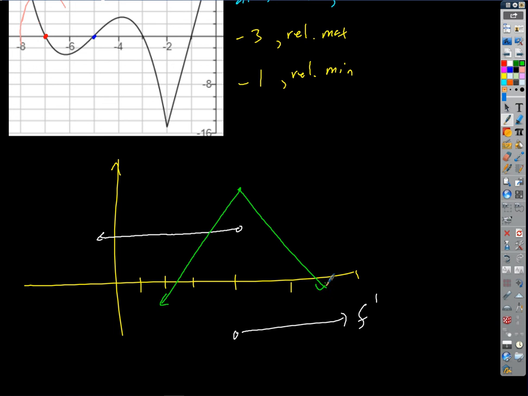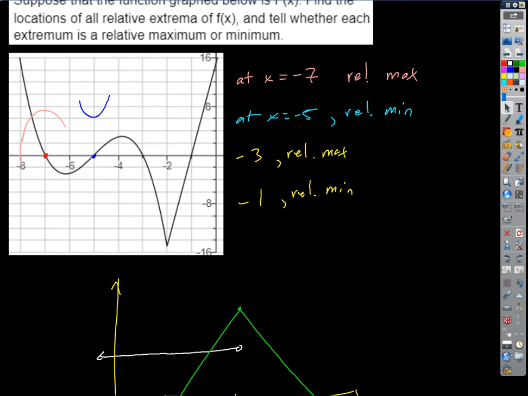I get a constant positive slope to the left and a constant negative slope to the right. Okay? Make sense? So the derivative is undefined there. Okay? So the graph above is the derivative, right? So then what would the function be? No, so this function, let's try the function.